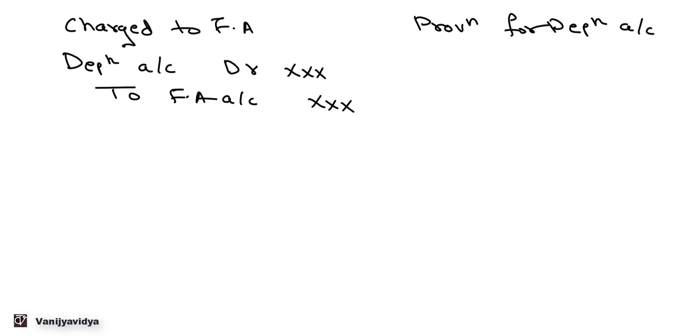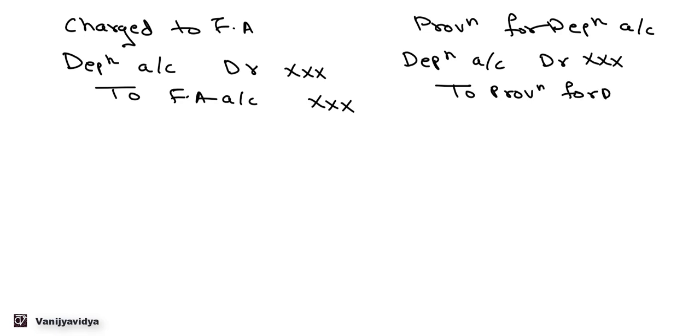In case of provision for depreciation account, we don't charge it to fixed asset, we take it separately in provision for depreciation account. So the entry will be depreciation account debit to provision for depreciation account, and the amount of depreciation till the date of sale.